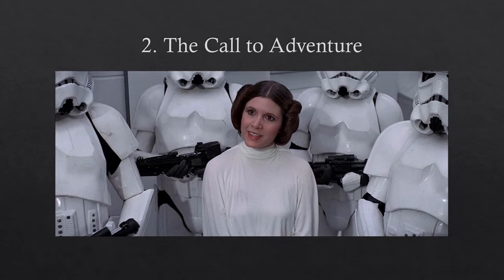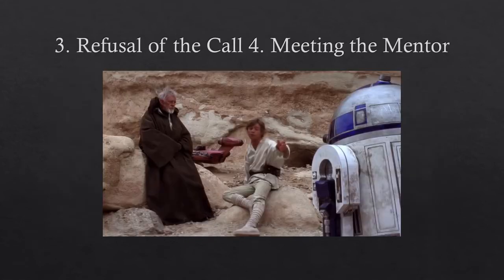But one of those droids carries a secret message from Princess Leia, and she's been captured, as this illustration shows, on a dangerous mission. So that's the call to adventure. Something out of the ordinary breaks through into that ordinary world and offers an irresistible call that the protagonist can't ignore, that could carry them away to something very different from their ordinary world.